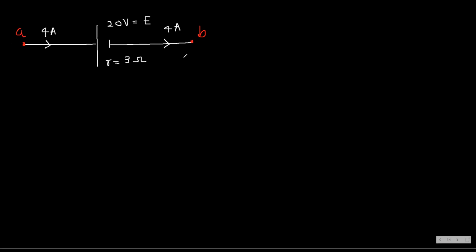That means older minus younger. The younger one is this one, and this one is the older one. Then older minus younger means A minus B. Am I correct? Irfan, is it okay? Yes, sir.